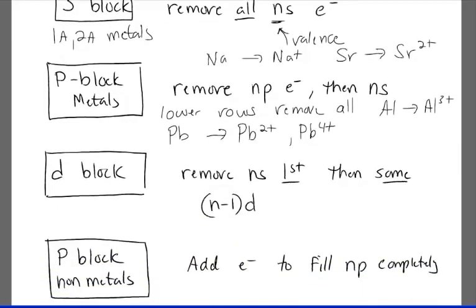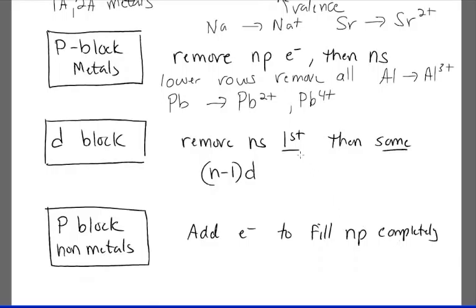All right, the d block, transition metals, you're going to remove the s electrons first, and then some of the d electrons if necessary. The s electrons are going to be in the outer n level, but the d electrons in that same row would always be 1 less in n. So for instance, manganese becomes Mn2+.